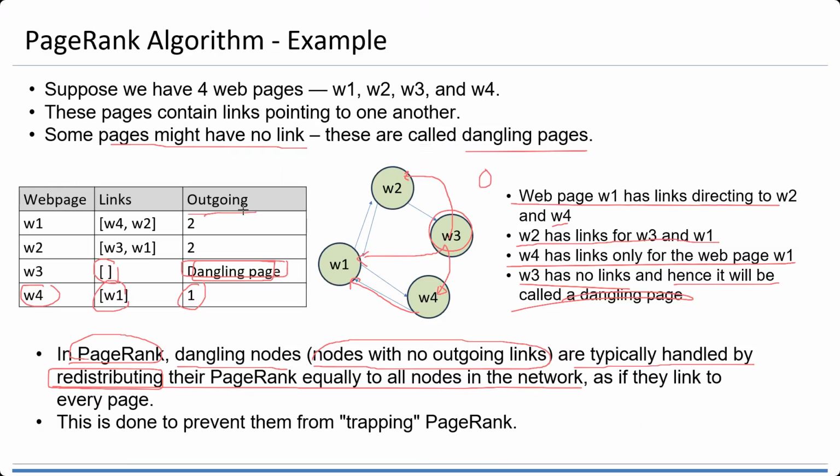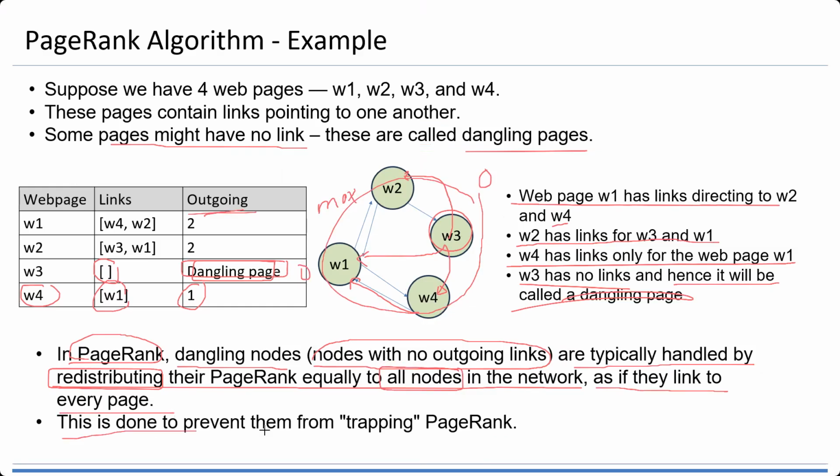Because if the outgoing is 0, we need to put a big value, the maximum value, which is the total of all nodes, as if they link to every page.